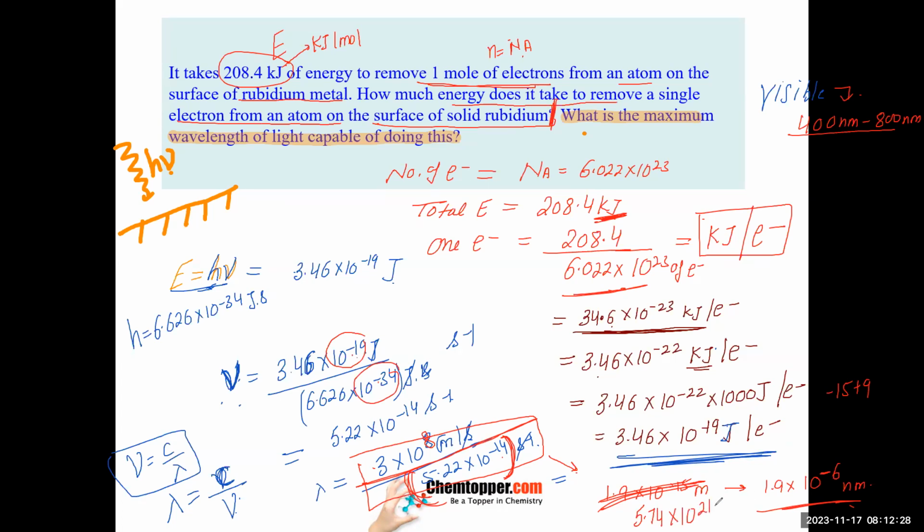You were not writing 21. Okay, now this is meter. Convert this into nanometer and definitely it is not in the range of visible light. So we are good with this.